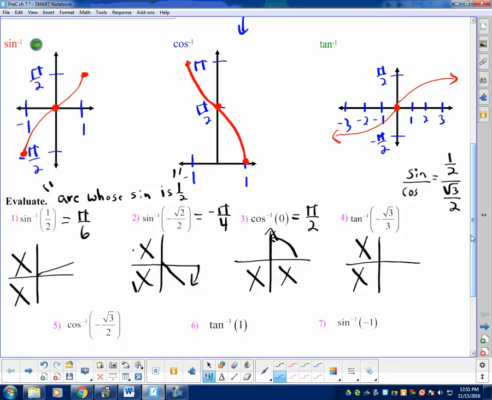So what angle measurement is going to give me the 1/2 on the top corresponding to the sine? When the sine is 1/2, it's lower on the circle or not as far away. So it's the pi over 6 multiple, right?